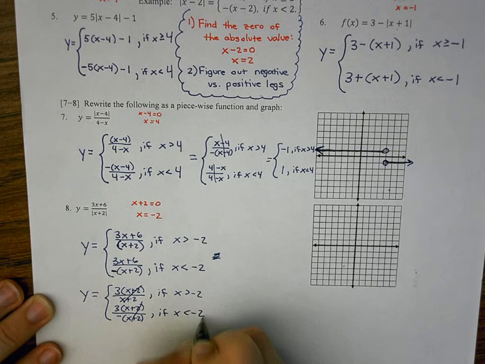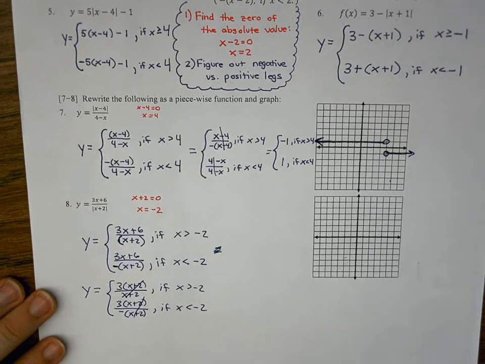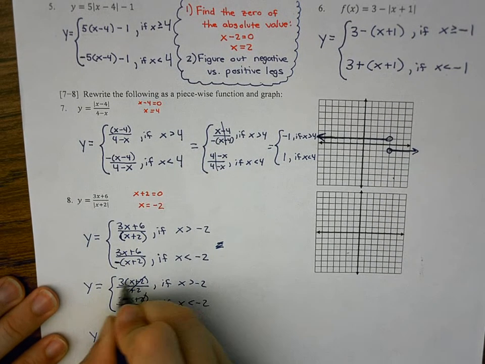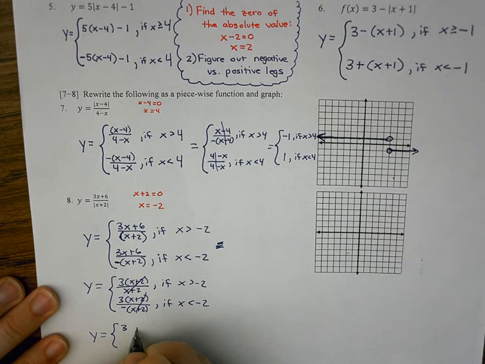Leaving me with, in the end, y equals, for the top one, 3 if x is greater than negative 2, and negative 3 if x is less than negative 2.